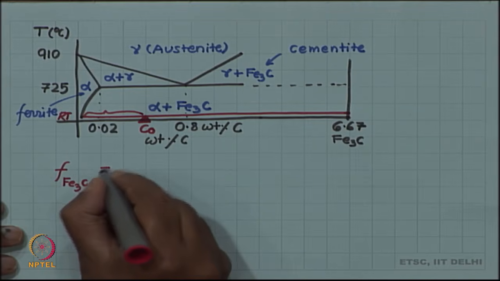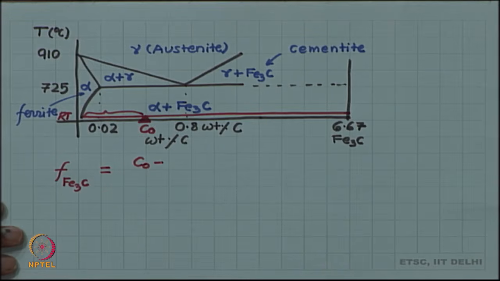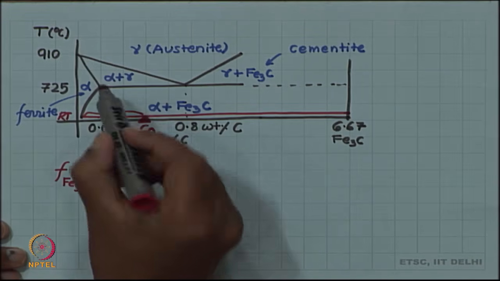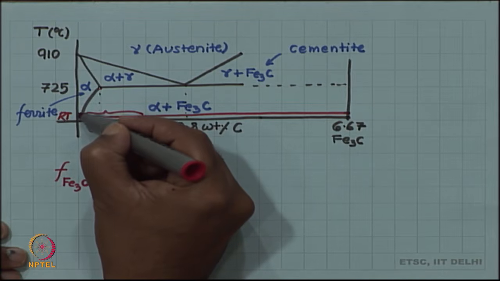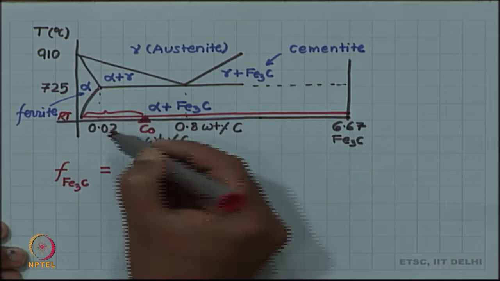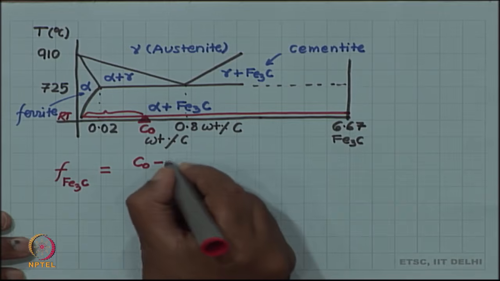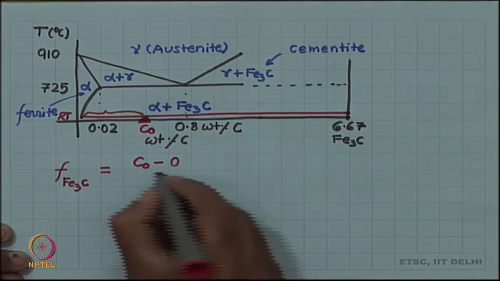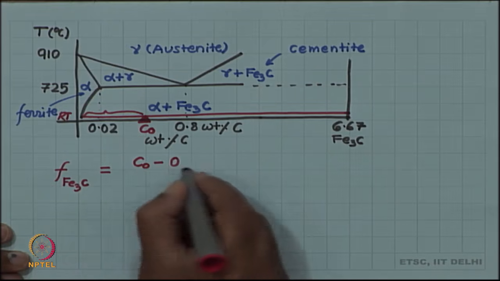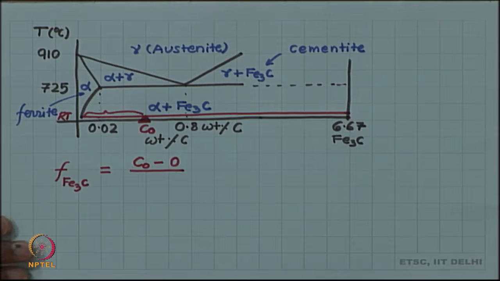That will be C naught minus, this point is 0.02 and the curve is reducing in carbon concentration. So, we will have much less than 0.02 at room temperature. We can approximate it to 0, or if you so wish 0.02. Easier to approximate it to 0. So, this arm becomes C naught minus 0.